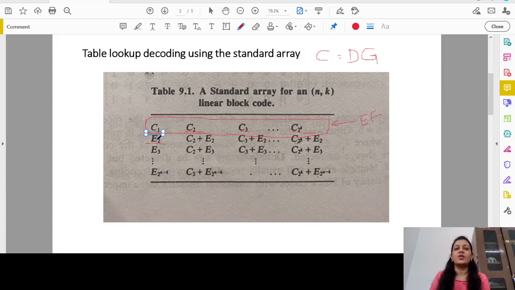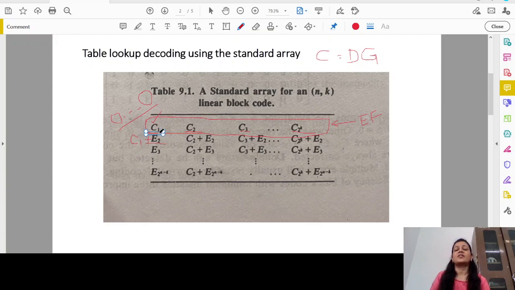If I add that to C1, I will get only E2, because here I am assuming that C1 is the code word corresponding to data containing all zeros. If your data contains all zeros, obviously the code word will also contain all zeros. Therefore C1 is nothing but all zeros, so C1 plus E2 is nothing but E2. That is the reason we write only E2; otherwise it is C1 plus E2.